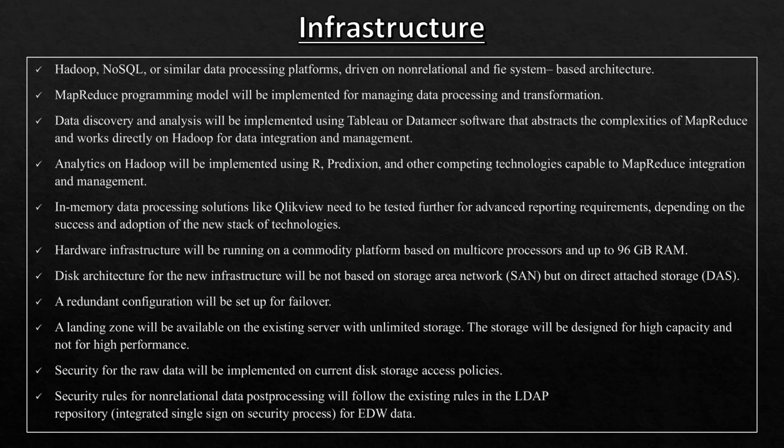And lastly, security rules for non-relational data post-processing will follow the existing rules in the LDAP repository for the EDW data. Okay, this is all the solution they proposed. Basically, technology that we're going to discuss in the next chapter, and then upgrade the memory, upgrade the hardware, this architecture, and so on.